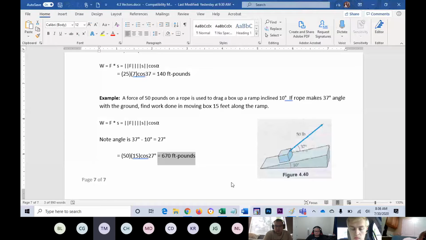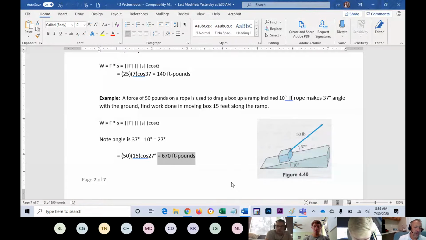Is this pretty much finding the projection of our steeper angle onto our S? You can kind of think of it as a projection, but the thing is, we're just adding the distance into here.